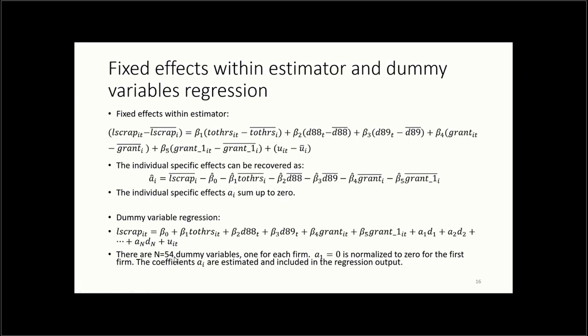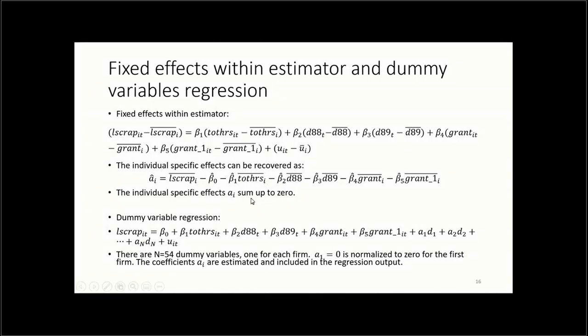We would have one dummy variable for each firm that would be equal to 1 if that's that firm and 0 if it's any other firm. And here this A1 coefficient would be normalized to 0 for the first firm. So notice how here the coefficient for the first firm would be normalized to 0. And here in the within estimator, all of these individual specific effects would sum up to 0.